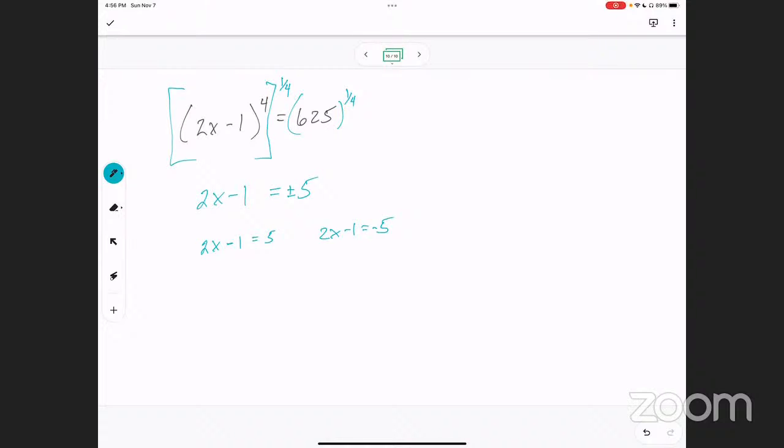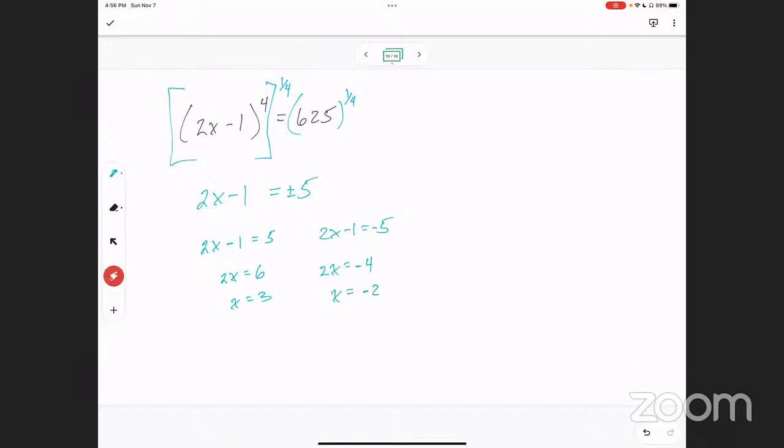So what is the one on the left going to be? 2x equals 6, x equals 3, and 2x equals negative 4, so x equals negative 2.